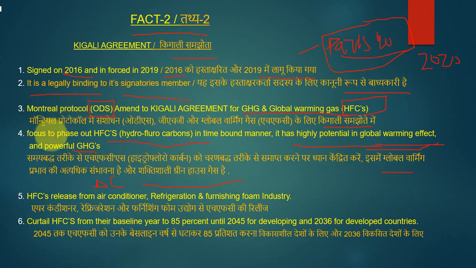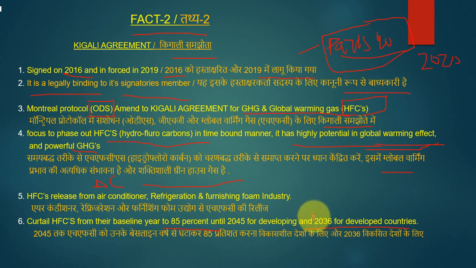Now, curtail HFCs from their baseline year by 85% until 2045 for developing countries, and for developed countries 2036. So friend, here it means that every developed country has to curtail HFCs by 2036.